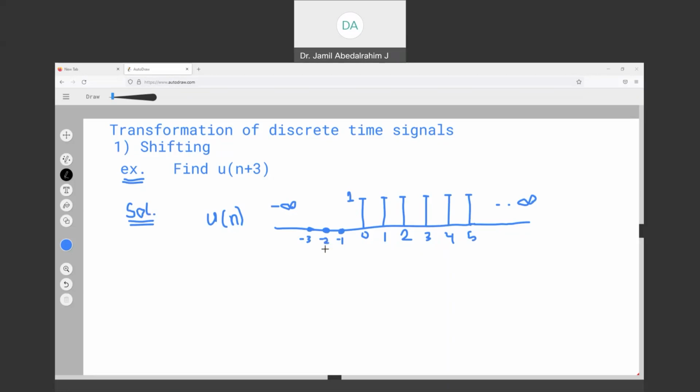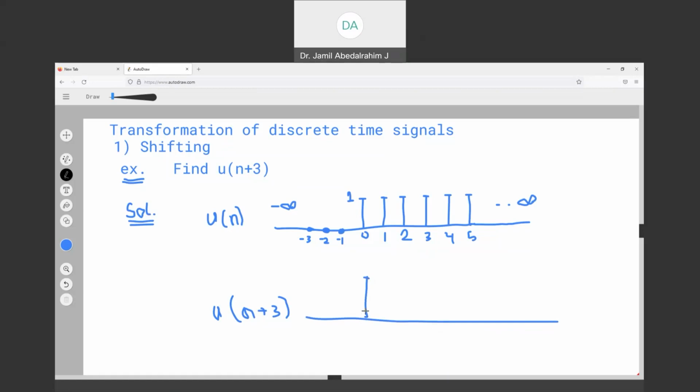So for +3, we start from -3. Okay, so we draw it like that. U of n plus 3, the figure will look like that.